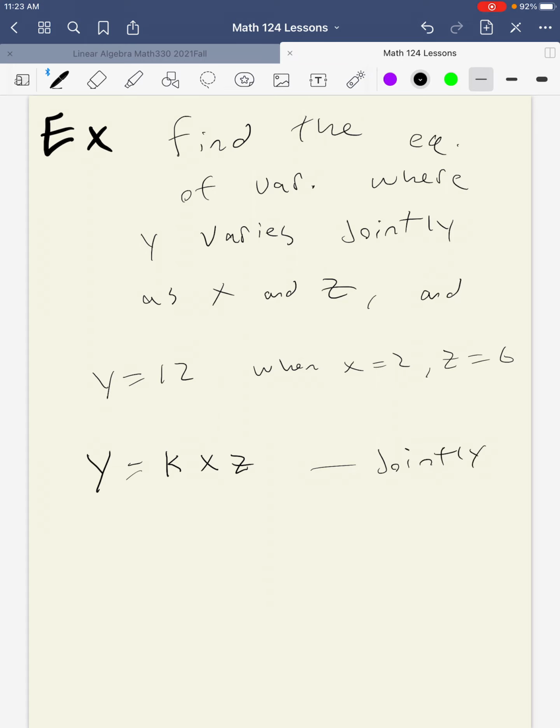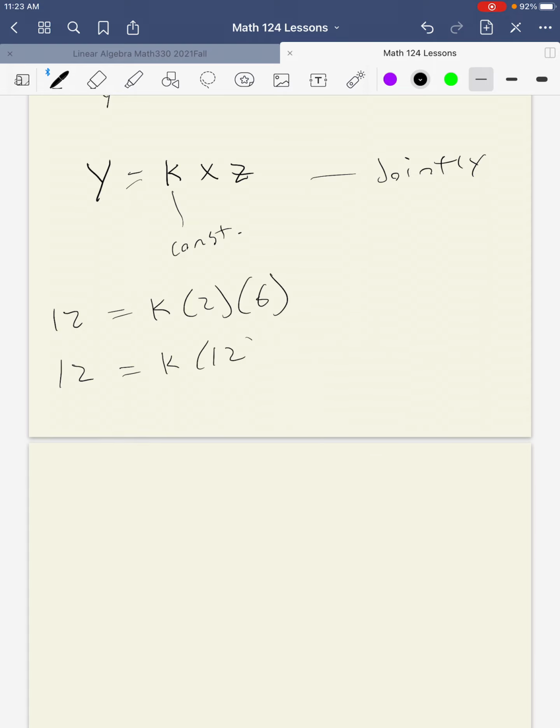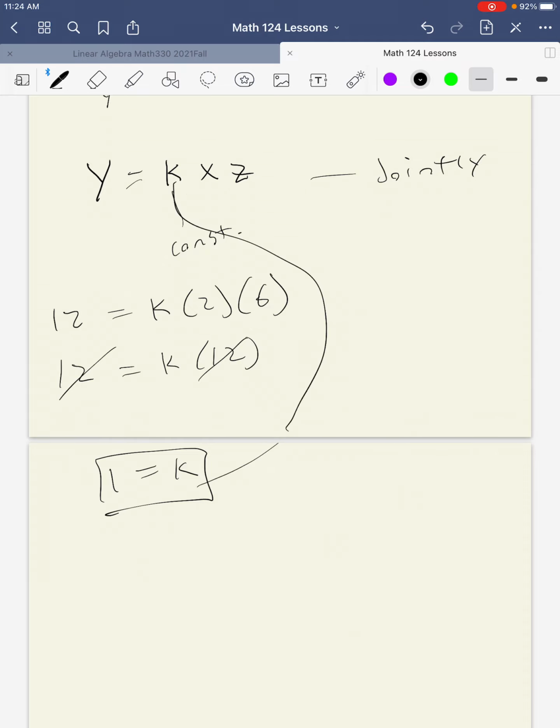Now we just plug in to solve for the constant. So plugging in, we do 12 for y, 2 for x, 6 for z. So we have 12 on the left-hand side, and then 2 times 6 is also 12. So these 12s cancel out, and we just get that k equals 1. Now, plugging this constant back into the equation, we get y equals 1 times x times z.